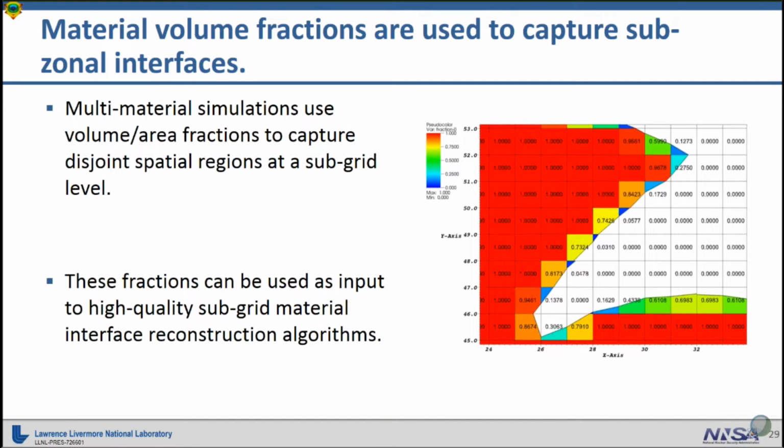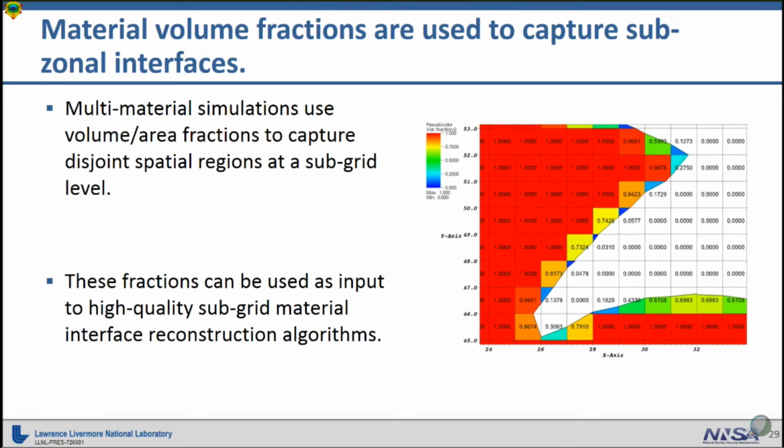And then moving to more complicated things, we also support the concept of multi-material cells. So this is the idea where you're within your cell, you've actually got multiple materials, and those materials occupy specific regions of that cell. So on the right-hand side, we have an example of a two-material problem within a uniform mesh.